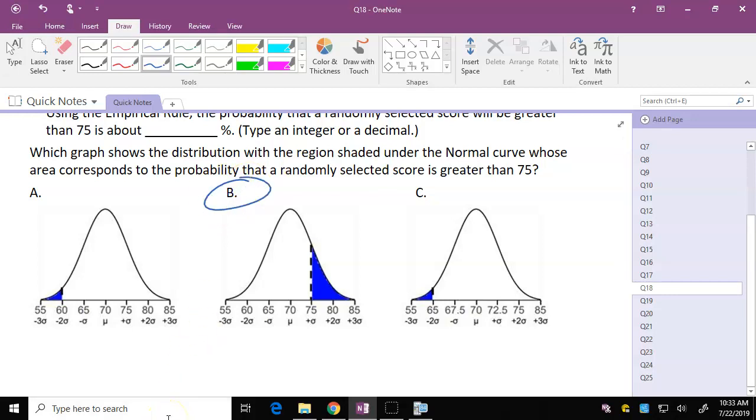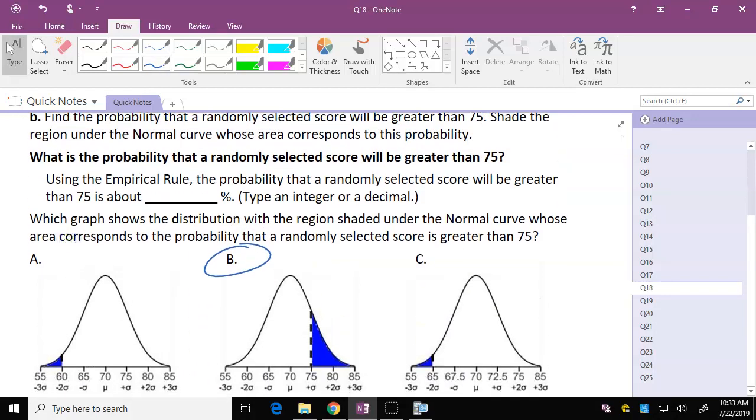Okay. Now the question is, how do we find the percent? What can we do for this? It says something about the empirical rule. We can definitely do that. But what else could you do?